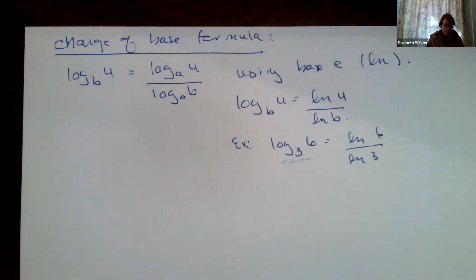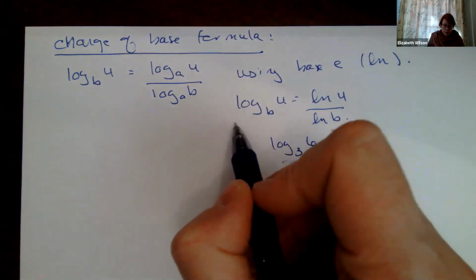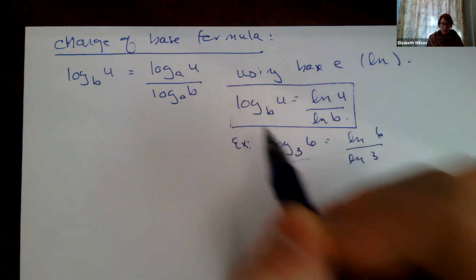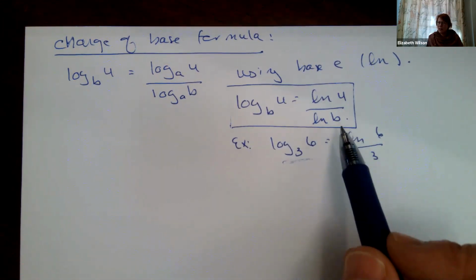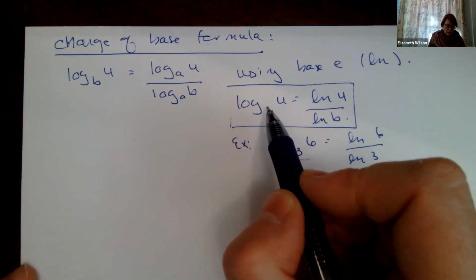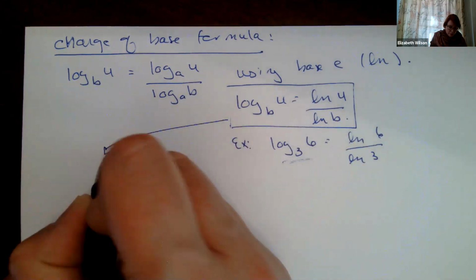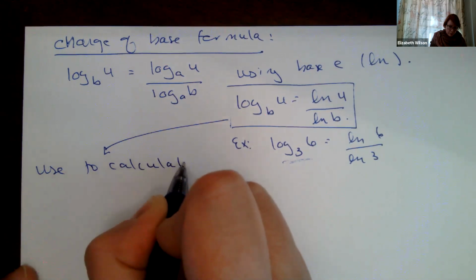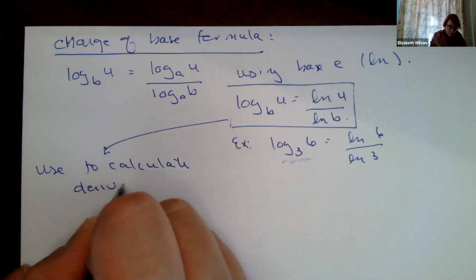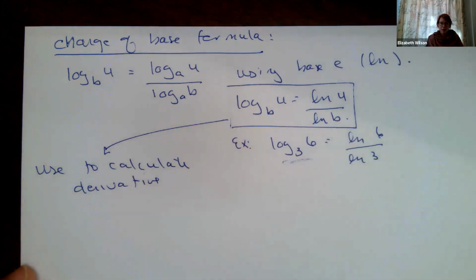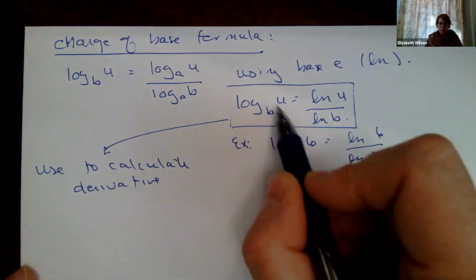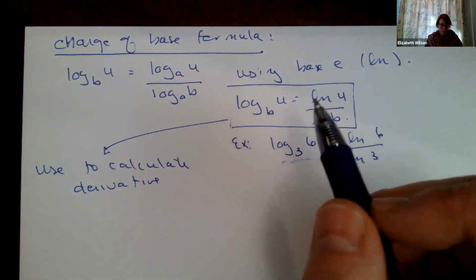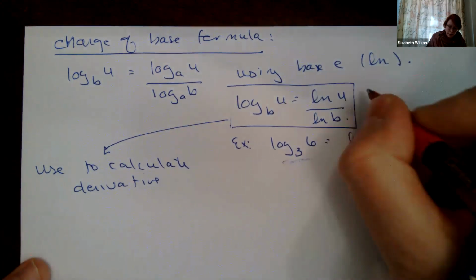Okay, so we're going to exploit the change of base formula, using natural logs to help us figure out the derivative here. If I have a derivative with an unknown base, a kind of unworkable base, I'm going to write this down in a light colored pen.